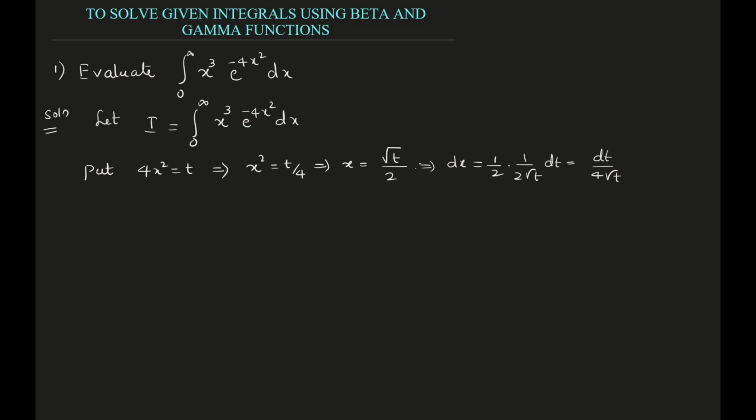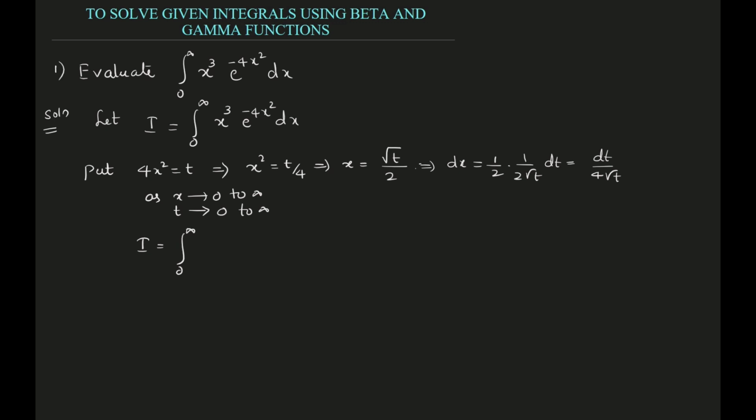So now substitute all these in this I. As x varies from 0 to infinity, t also varies from 0 to infinity. Okay, no change in the limits. Therefore, your integral varies from 0 to infinity. So x cube we have.